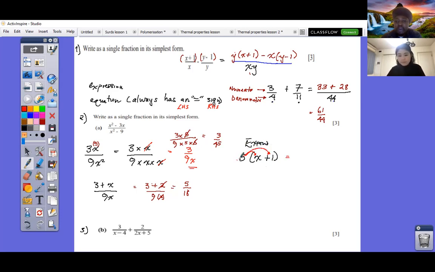So your final answer will be 5 times x is 5x. 5 times 1 would be plus 5. Okay, so that is what you have to do here. You then have to expand each bracket. Okay, so that's a little bit of a hint for you there.